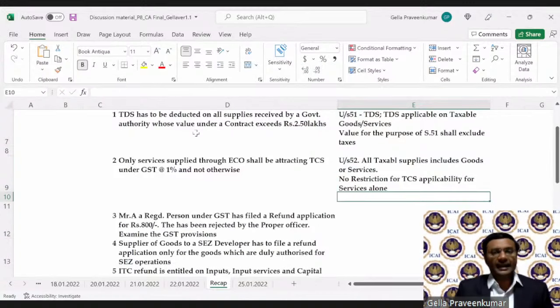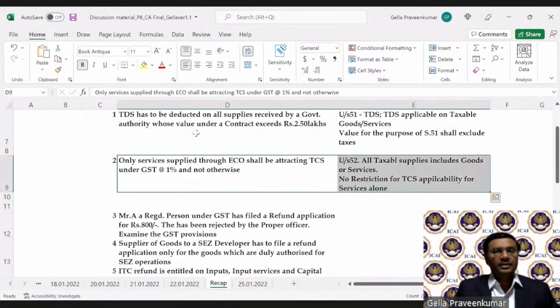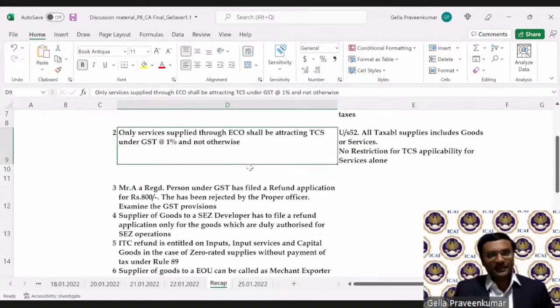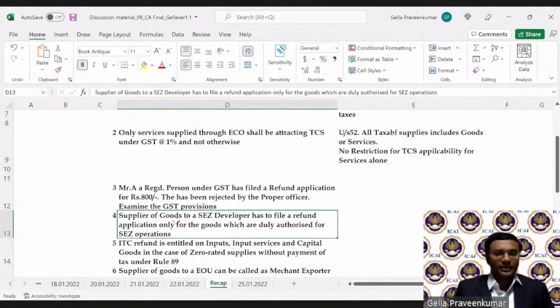This would be our answer, right? What we are trying to examine in this question is whether the TCS provision is applicable only for goods or for services. We are going to say that this is applicable for both goods and services as well, right? Next, question number 3.